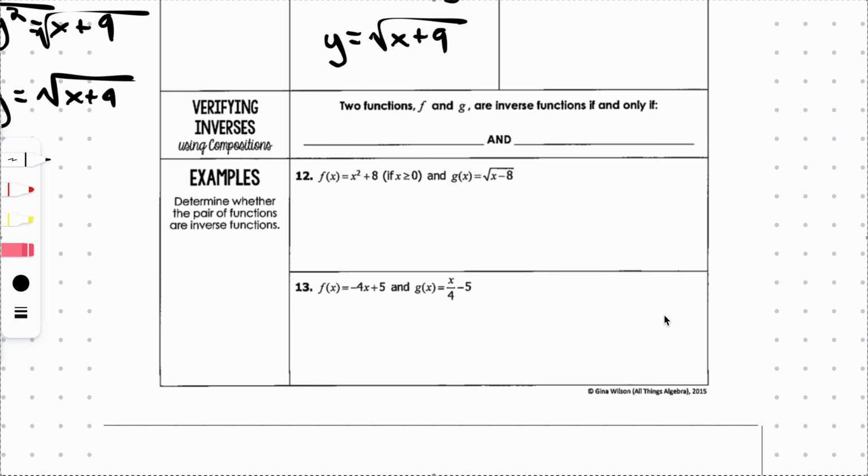Okay, so now we want to verify our inverses. And the way we do that is if we have two functions, f and g, we know for sure that they're inverse functions if, and we need to use compositions, which I talked about last lecture, f of g of x equals x, and similarly, g of f of x equals x.